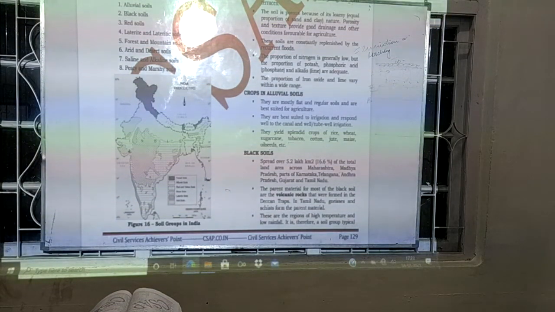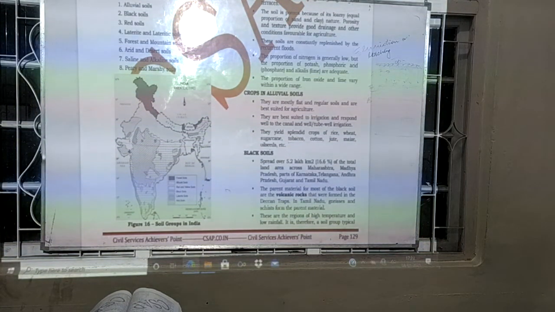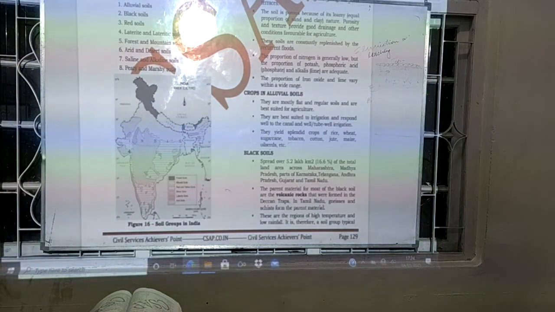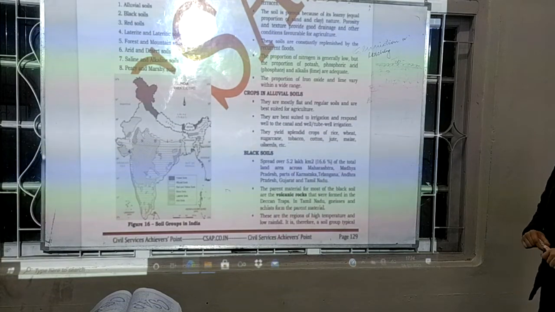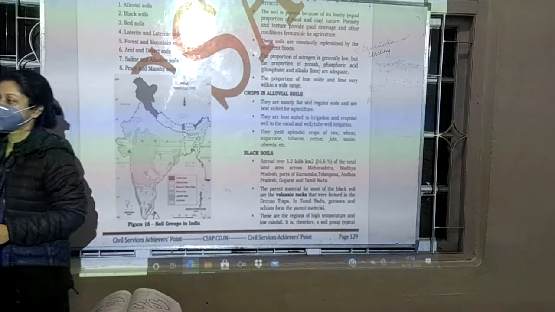Where will we find this? Heavy rainfall areas, no? Swampy areas, where we'll find trees submerged, that kind of soil, peaty and marshy soils. Okay. All right. Let's go through the soils again.